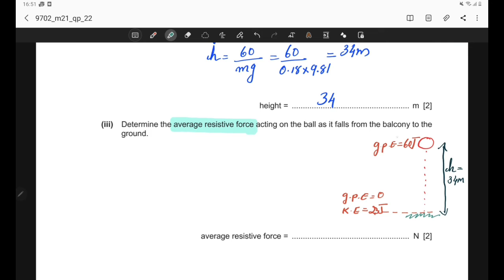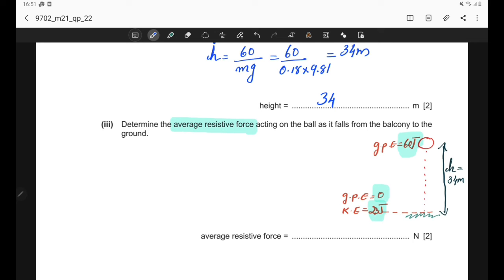So initially the ball had 60 joule of energy in the form of gravitational potential energy. While it is touching the ground, gravitational potential energy is 0, kinetic energy is 23 joule, and the remaining energy will be lost in doing work against the resistive force.